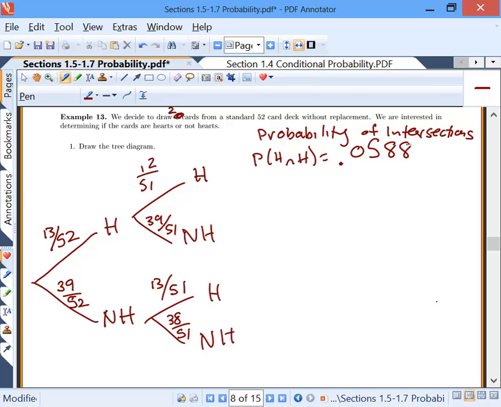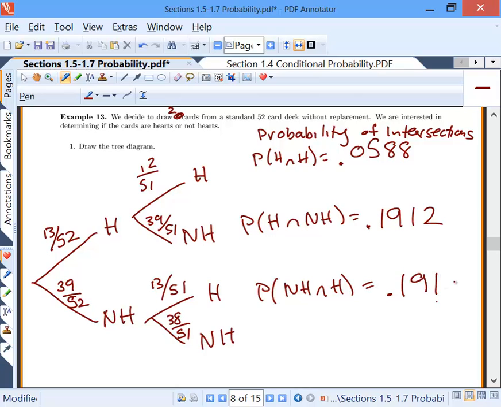0.0588. My next branch, so the probability of getting a heart and then a not heart, is my 13 out of 52 times 39 out of 51. 0.1912. My next branch, so I need a not heart and then a heart. 0.1912.